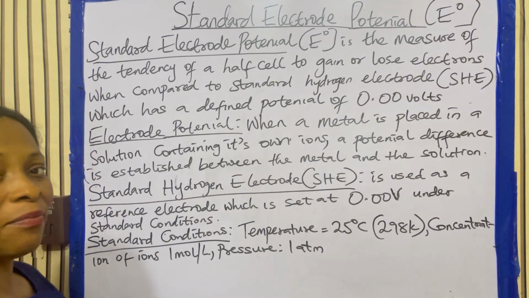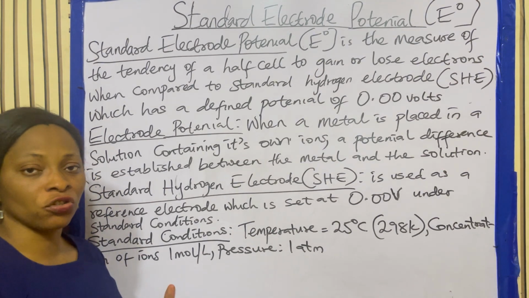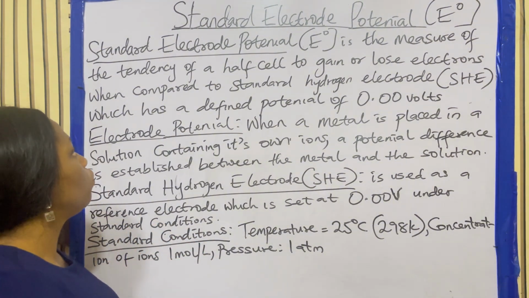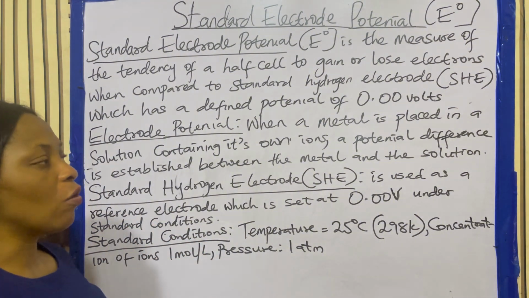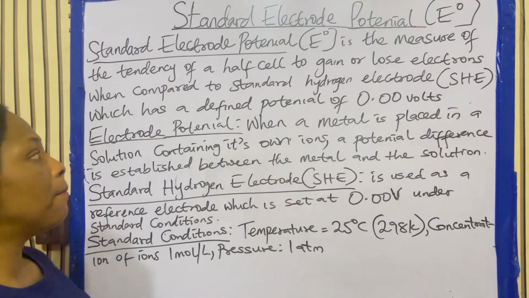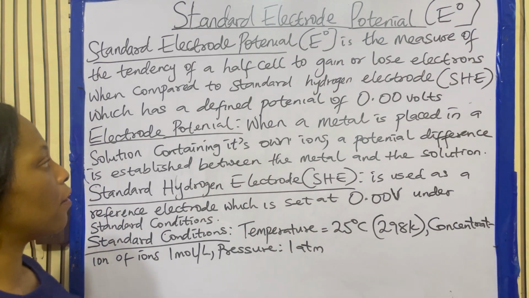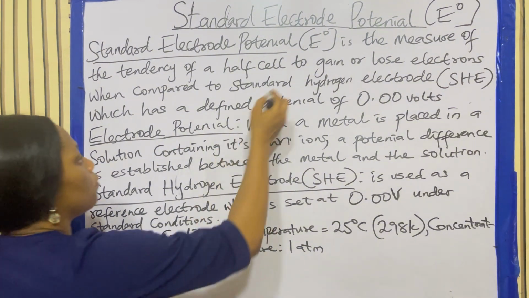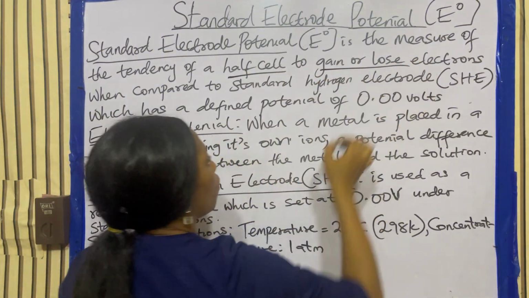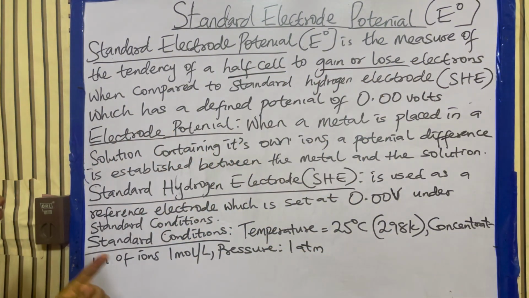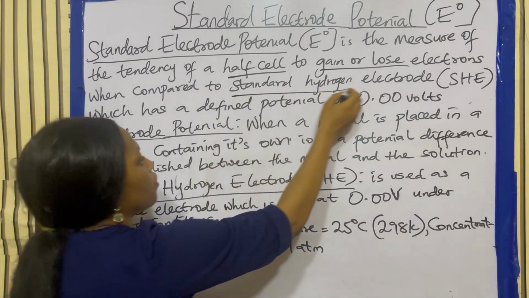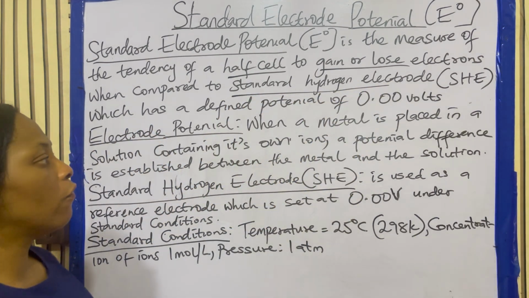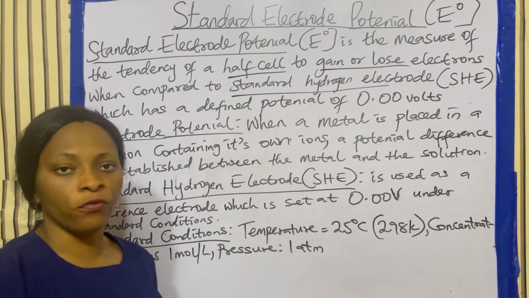Now, we'll be looking at the basic concept and basic definition of the concept under standard electrode potential. And this includes, one, standard electrode potential. What is it? It is the measure of the tendency of a half cell to gain or lose electrons when compared to standard hydrogen electrode, which has a defined potential of 0.00 volts.